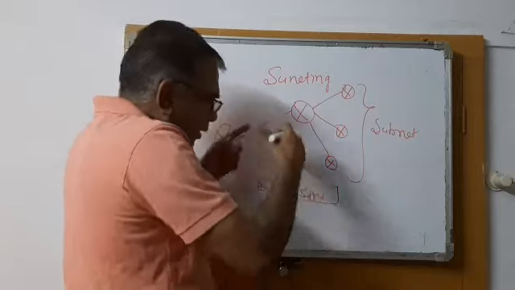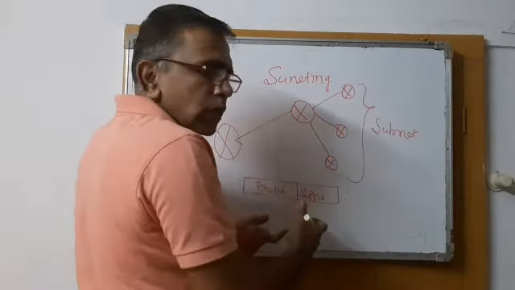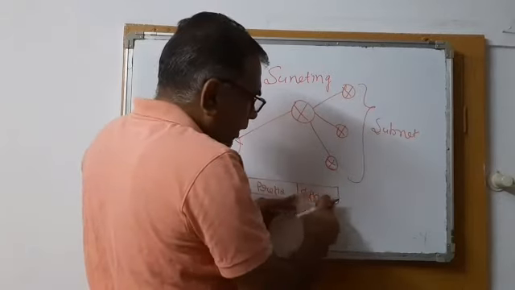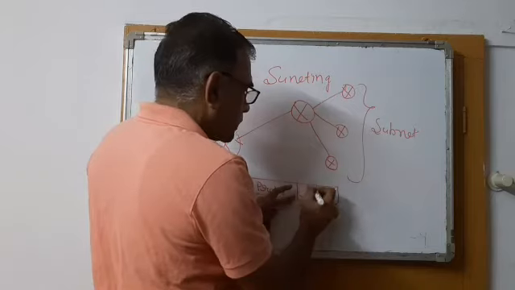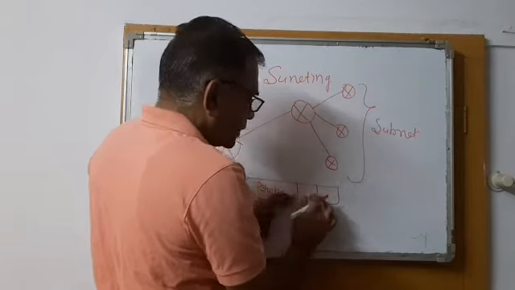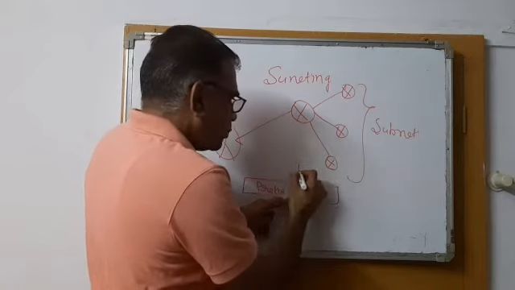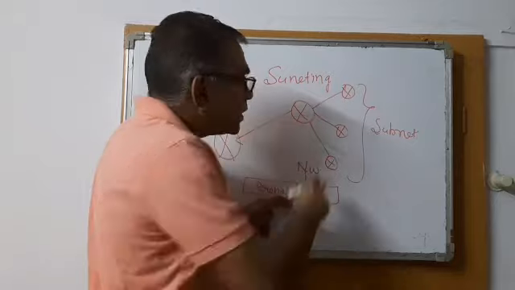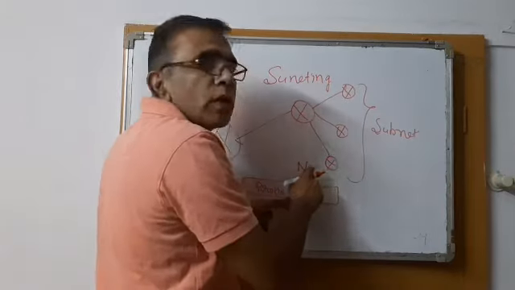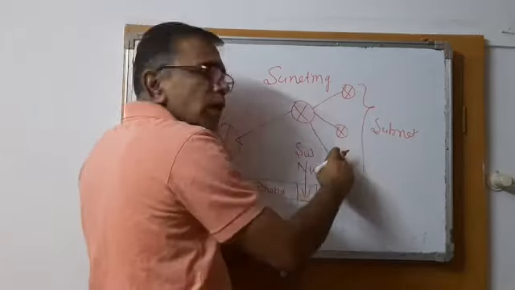For our internal purpose, to manage the network in a better way, we divide the suffix part again into two parts. This part we use to address the networks within the organization. These networks we call subnetworks. This is my network and these are my subnetworks.